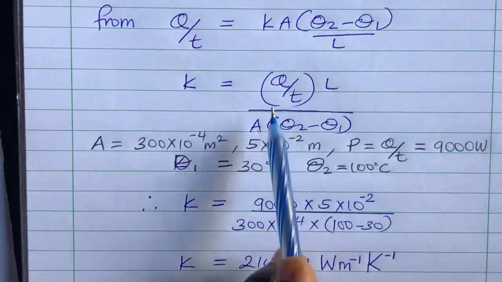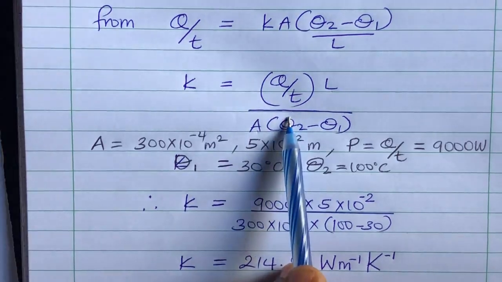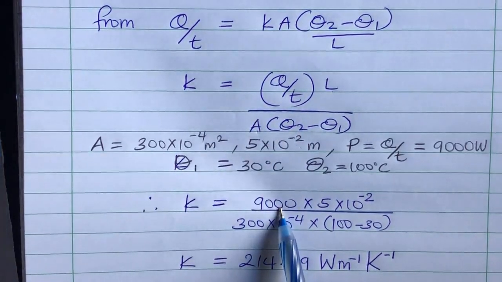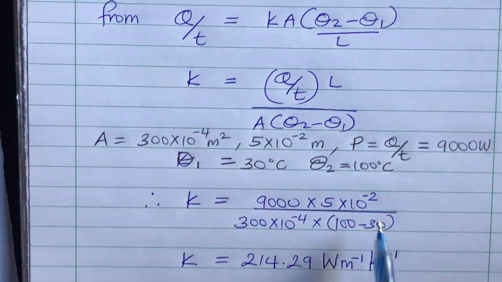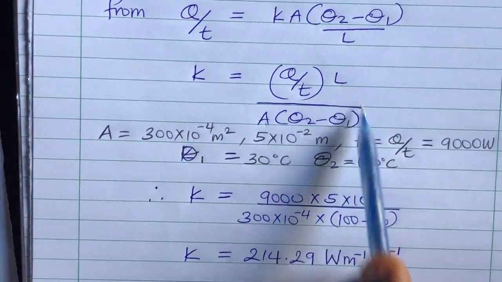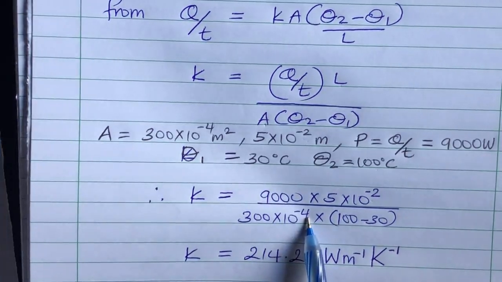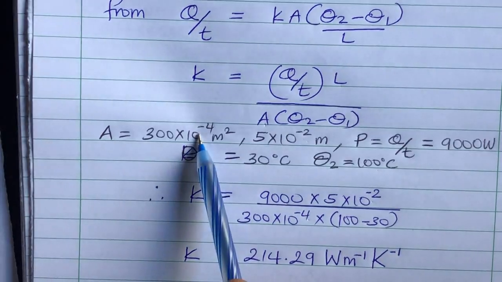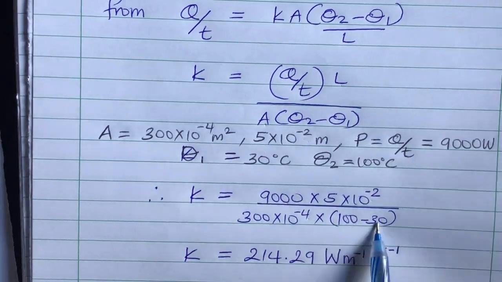So if we substitute in our formula for thermoconductivity, we shall get 9,000, which is the rate of heat flow, times 5 exponent -2, which is the length, over 300 exponent -4, which is the cross-sectional area, times the temperature difference, which is 100 minus 30.